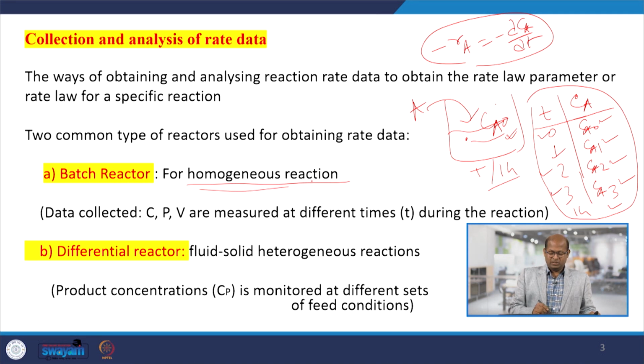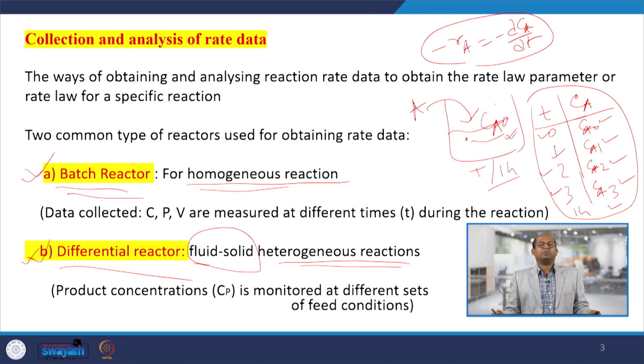For gas-solid or liquid-solid reactions, which are heterogeneous reactions, differential reactors are usually used to find the product or reactant concentration at the end of the reaction, or at the exit of the reactor. That way we can find the rate of the reactions: a batch reactor to get the rate data, and a differential reactor for heterogeneous reactions.